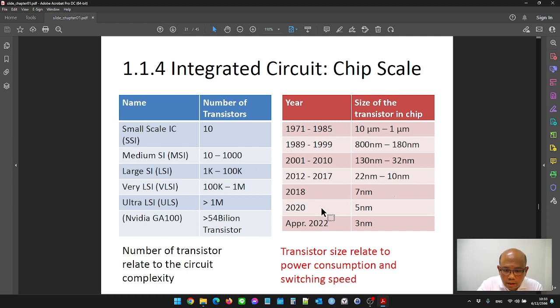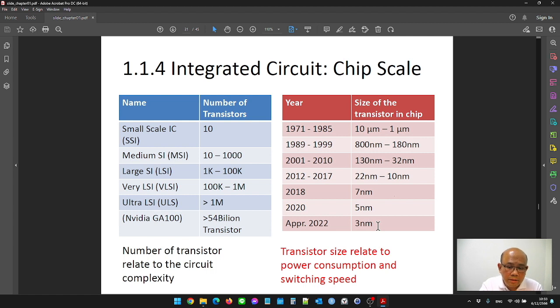Today, I found from the news that chip makers announced they can create a small transistor of about 3 nanometers. Okay, what is 3 nanometers?